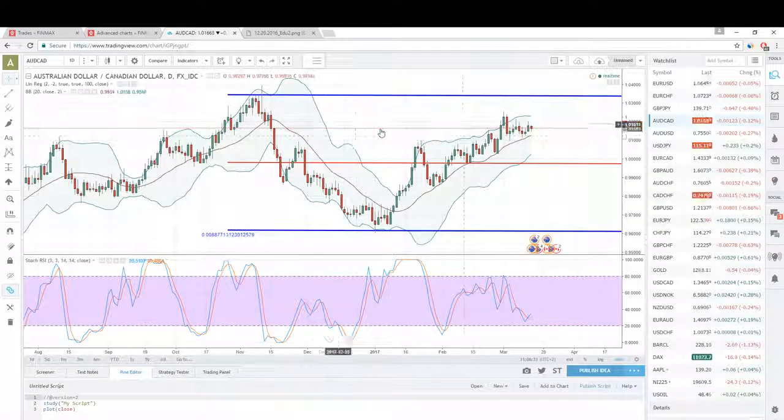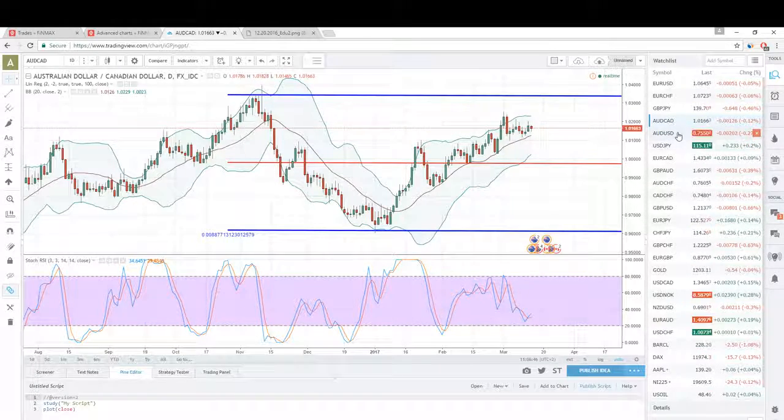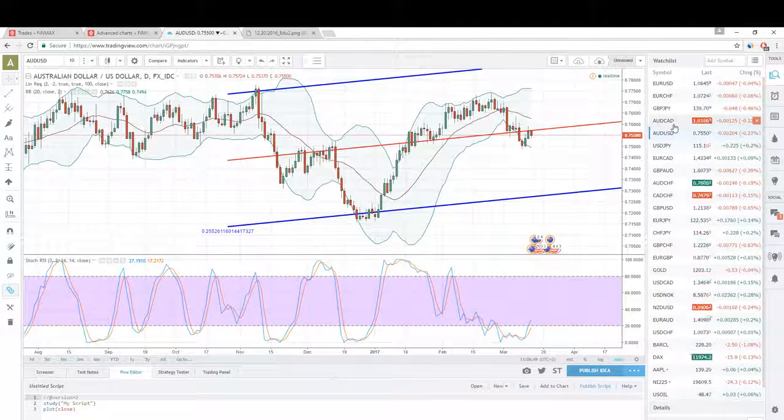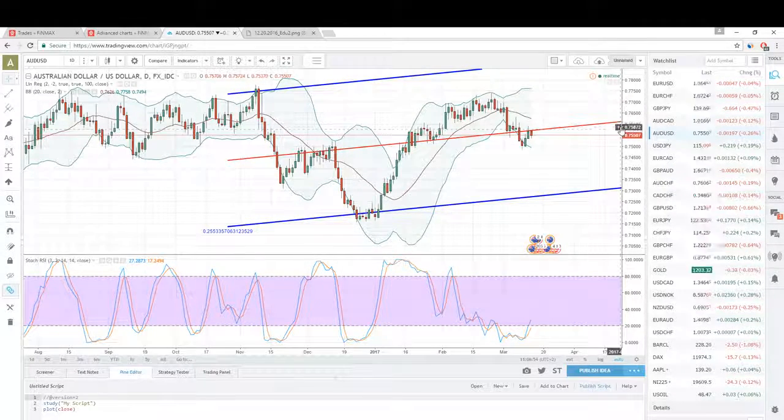Vice versa, when dojis appear after a long uptrend, it may mean that the buyers are losing control over the market, some uncertainty appears, and the prices can be pushed lower by the bears.